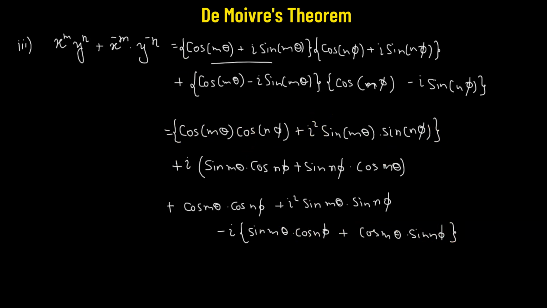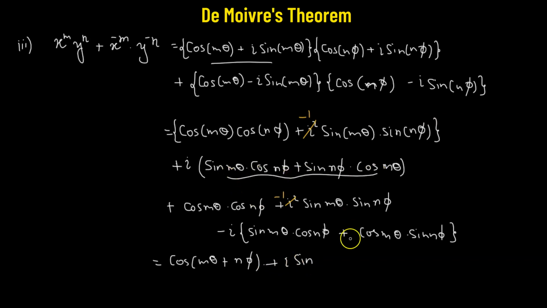We know iota square is -1, and we have iota square here as well, so this will become -1. So we have cosine of m theta, cosine of n phi minus sine m theta, sine n phi. So this is actually cosine of m theta plus n phi added to iota times sine.